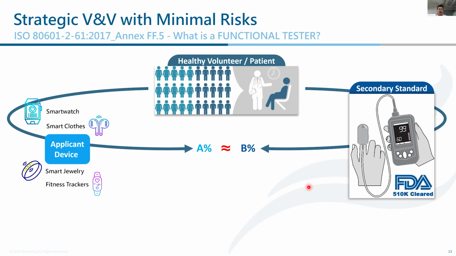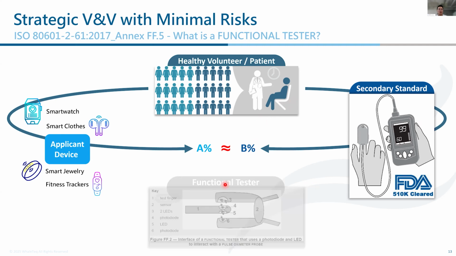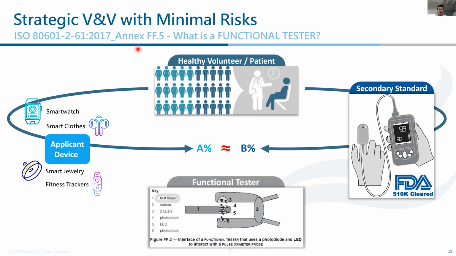Thankfully, the standard inspired the use of functional testers in Annex F.5. That actually helps: before you go for this, you can adapt the functional tester in your lab, make sure your electronics work as programmed, and then you can go for the next step. This is another sphere of capabilities.